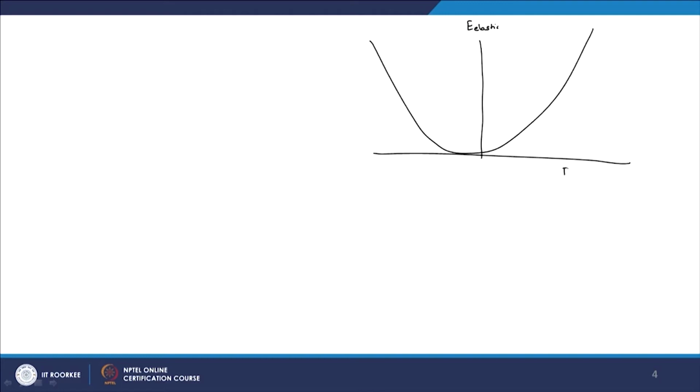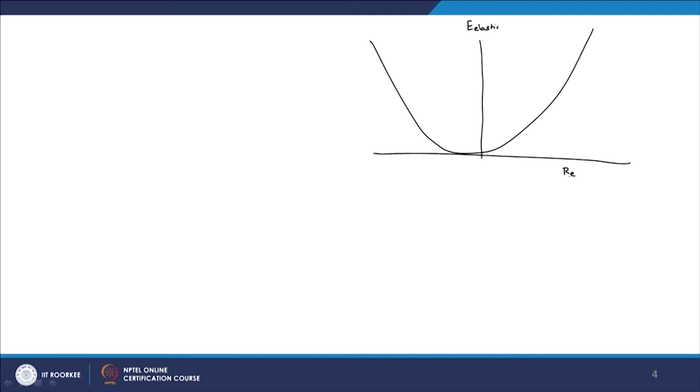In our case, if I look at the elastic energy, it does increase as Re increases, but nowhere do we say that there has to be a physical limit on how far Re can go.